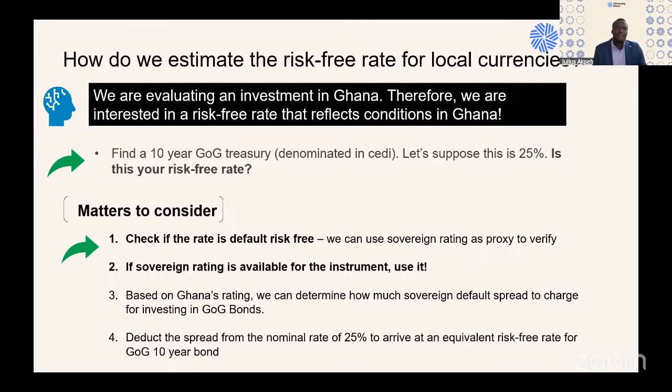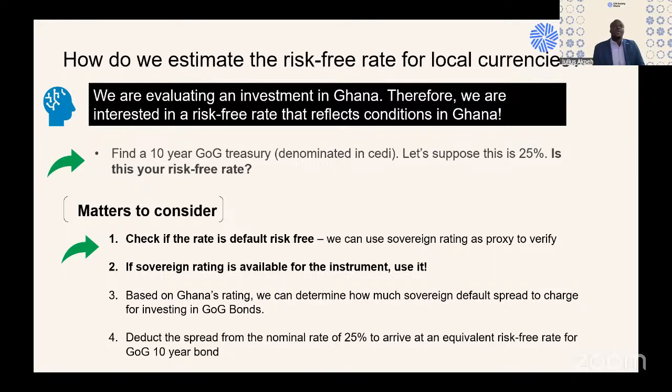Governments across the world are rated by rating agencies: Moody's, Fitch, and S&P. Let's check whether the government of Ghana is rated. If it is rated, which actually is true, then let's check the rating. Once we check the rating, we can determine if it's default risk-free or not.